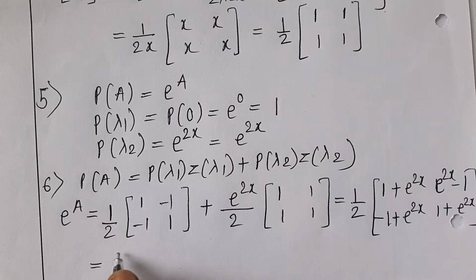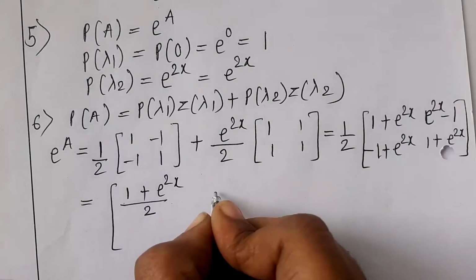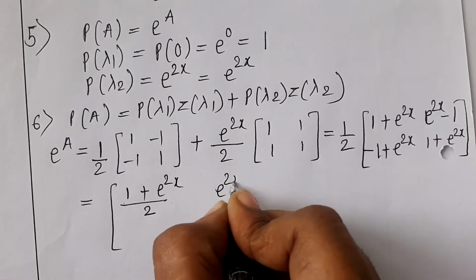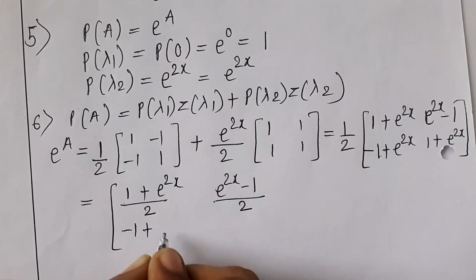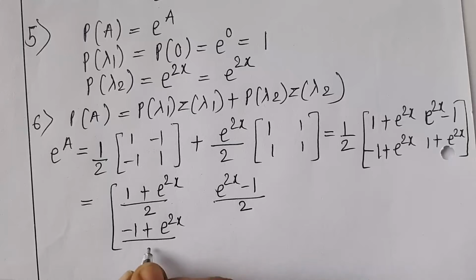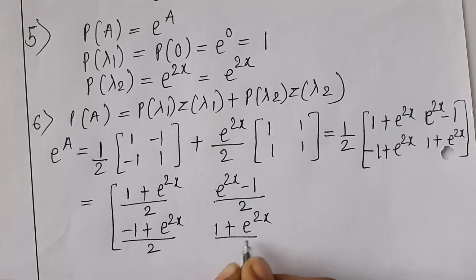So this is equal to 1 plus e to the power 2x divided by 2, then e to the power 2x minus 1 divided by 2, minus 1 plus e to the power 2x divided by 2, and 1 plus e to the power 2x divided by 2.